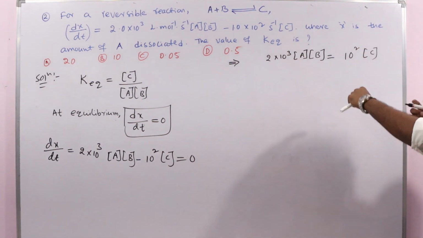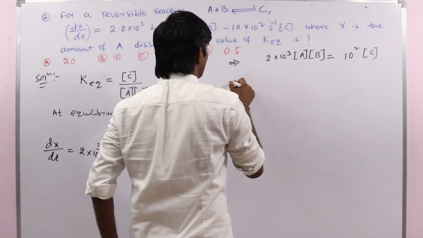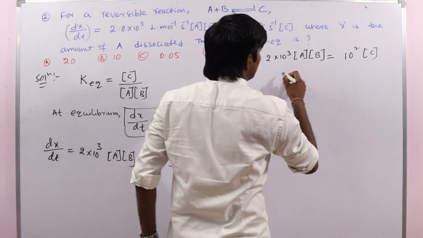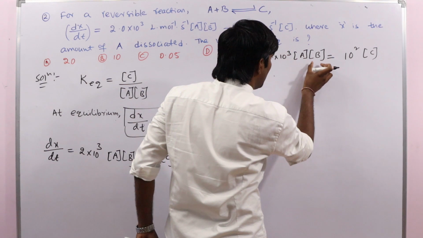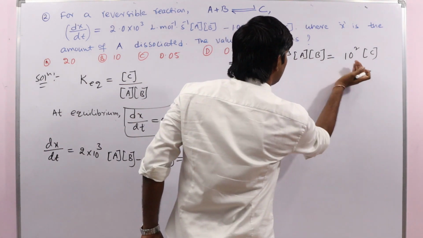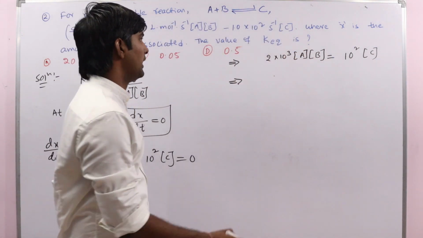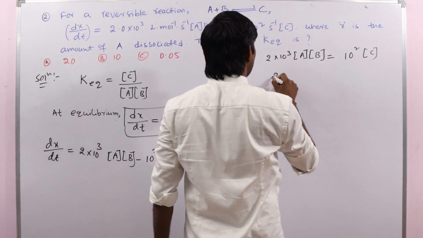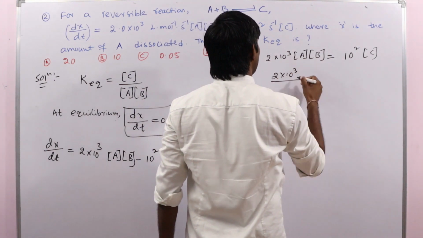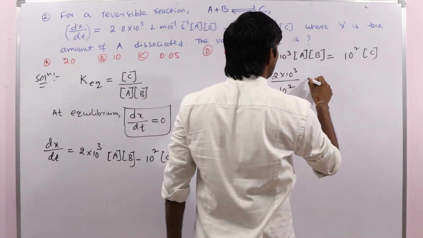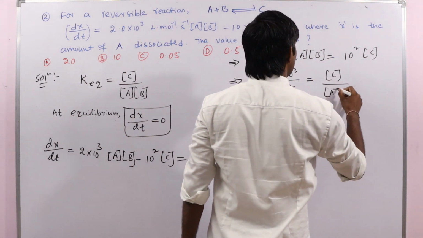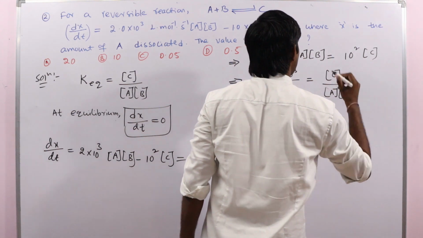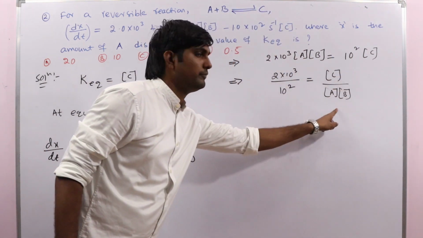Now if you rearrange this, let us take the concentration of A and B to the right side and 10 square to the left side. So we get 2 into 10 power 3 by 10 power 2 is equal to the concentration of C by the concentration of A into the concentration of B. What is this?